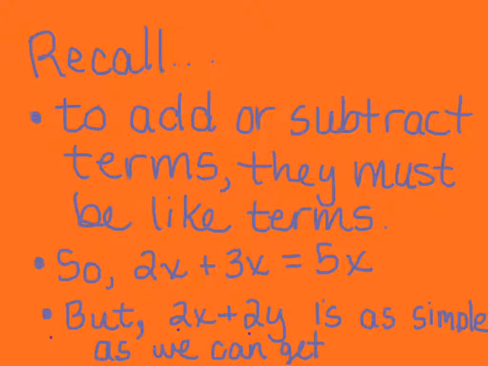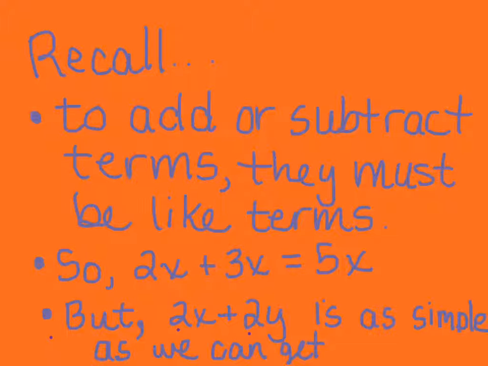So we'll need to review that a little bit because this is going to apply as we continue on through the distributive property. So again, remember that to add or subtract terms, they must be like terms.